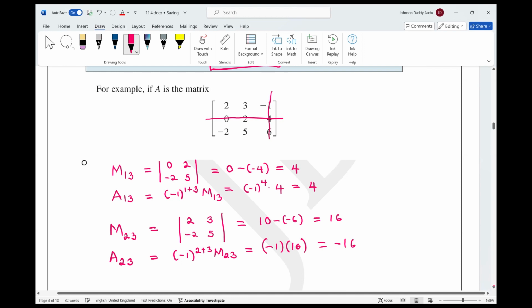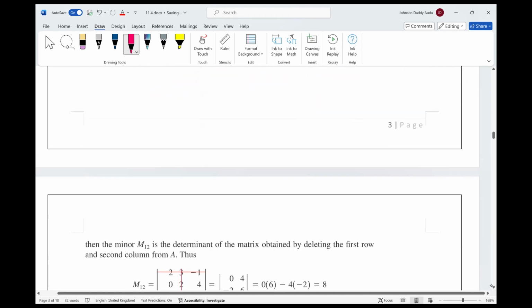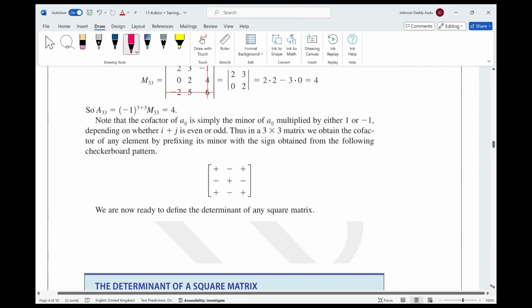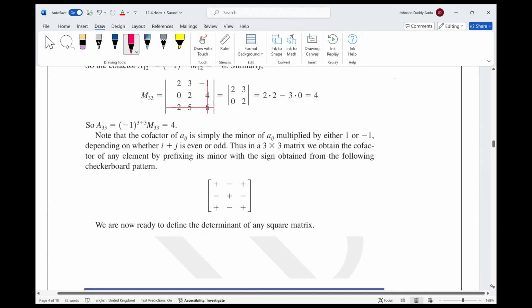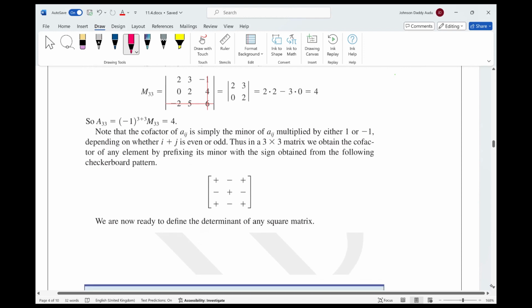So this is how to find the minor and the cofactor. So let's see how that affects things. Actually, if you look at every element, just like I said, you can find the cofactor and you can find the minor.